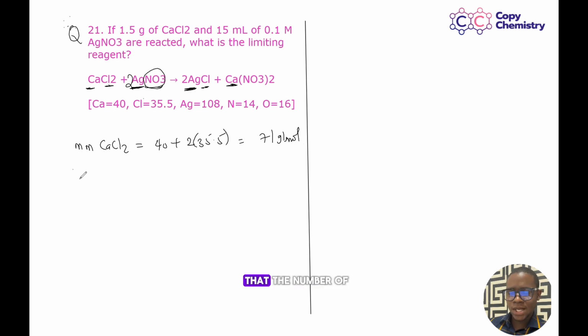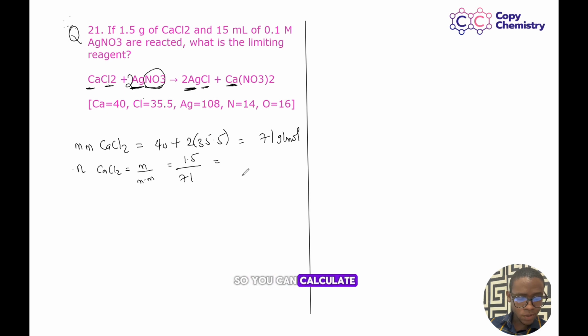So that just means that the number of moles of CaCl2 would be the mass divided by the molar mass. The mass is 1.5 grams, the molar mass is 71, so you can calculate that and you get 0.0135 moles. Alright, so this is the moles of CaCl2.